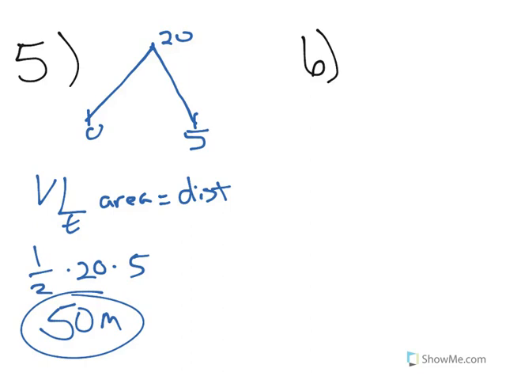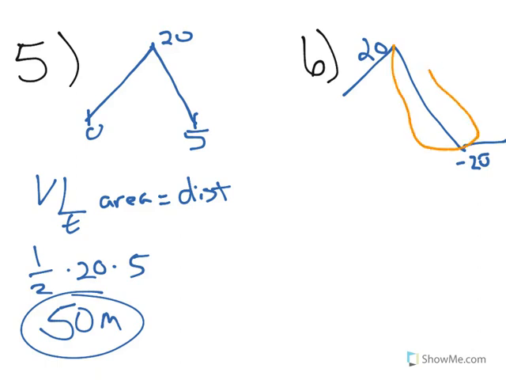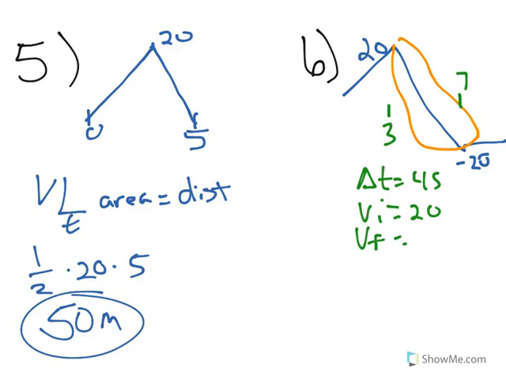Okay. Number 6, find the acceleration of the cart at 6.3 seconds. Well, at 6.3 seconds, we're going through a phase where we're going from 20 down to negative 20 on the graph. So it's part of this line, and so we care about what's going on in this line. Well, this line starts at time 3, and it goes through to time 7, which gives us a change in time of 4 seconds, and we have an initial velocity of 20 and a final velocity of negative 20.